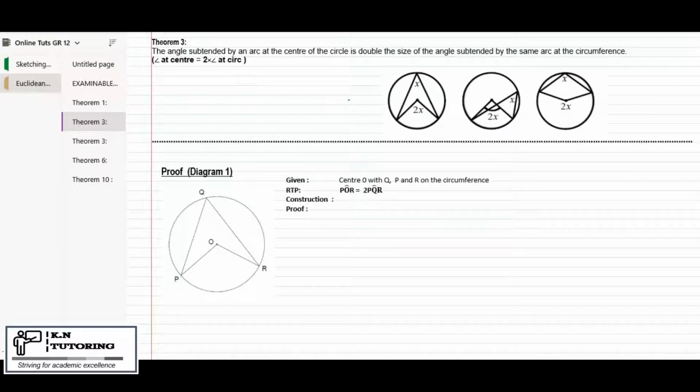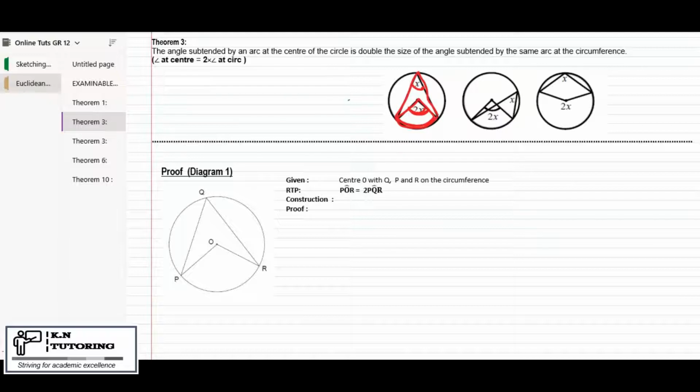What the theorem is saying is that this arc here subtends an angle at the center. It also subtends an angle at the circumference, okay? And what it's saying is that this angle at the center is twice the angle at the circumference.